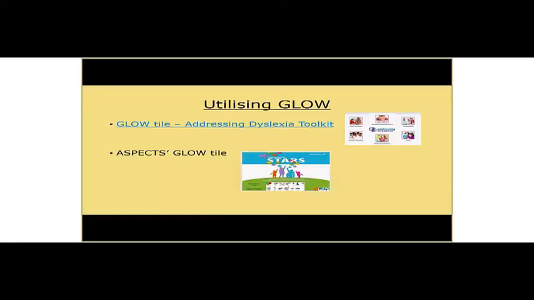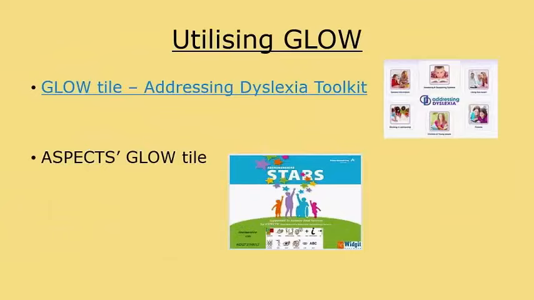Glow is also a useful source of information, and of course digital resources created by you for your pupils can be uploaded and shared through Glow. This method should ensure that pupils have access to their digital resources in the home setting too.